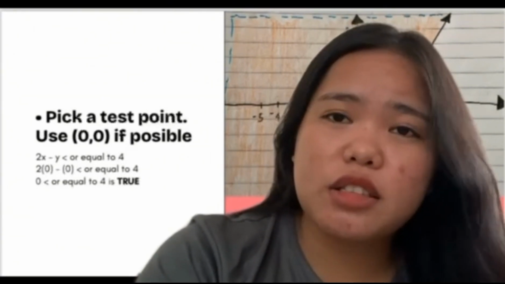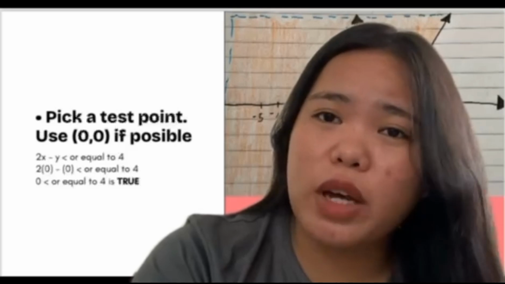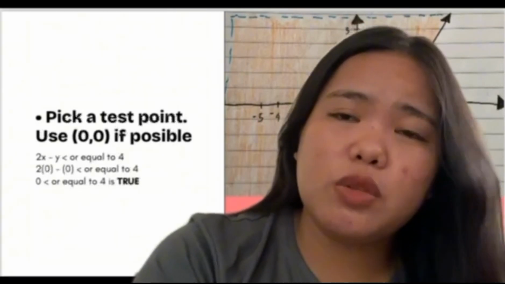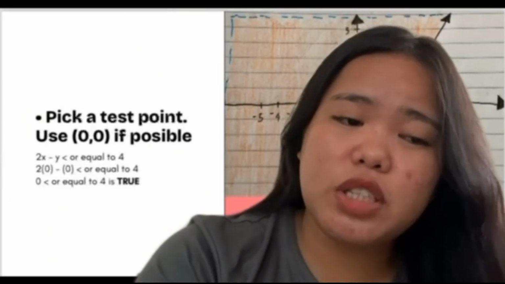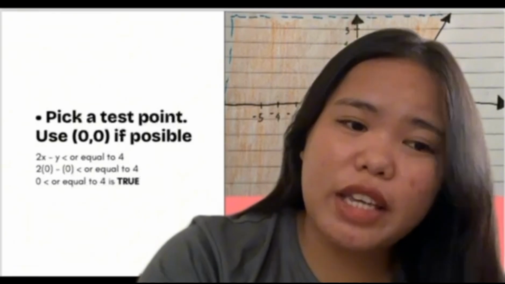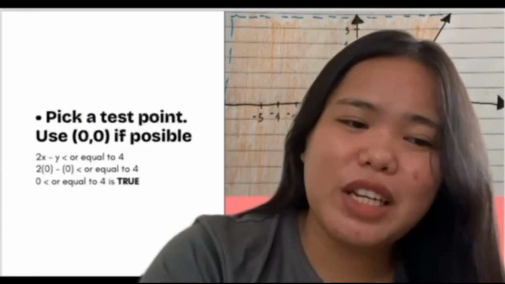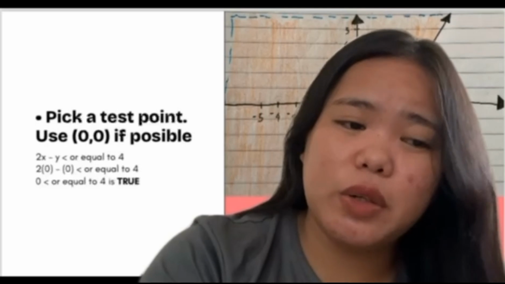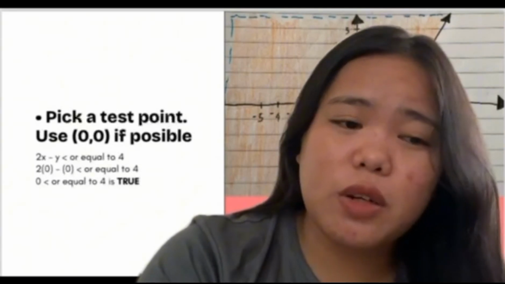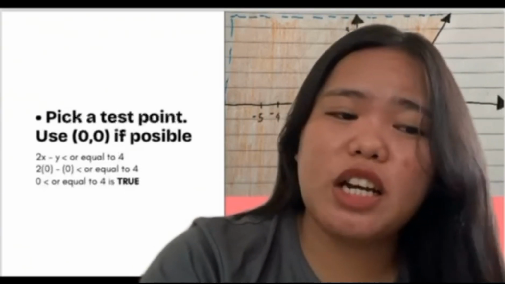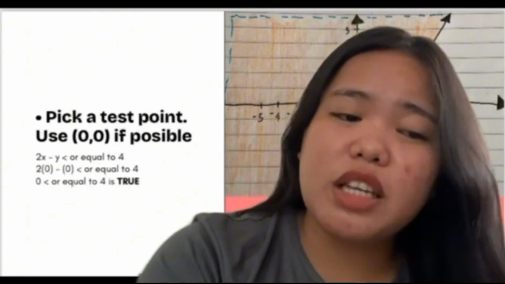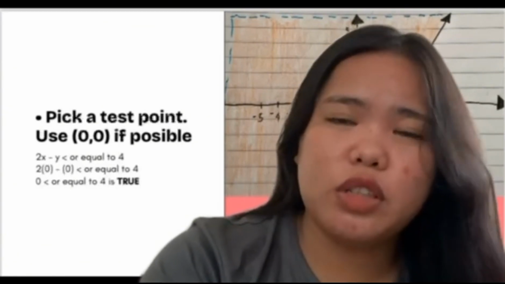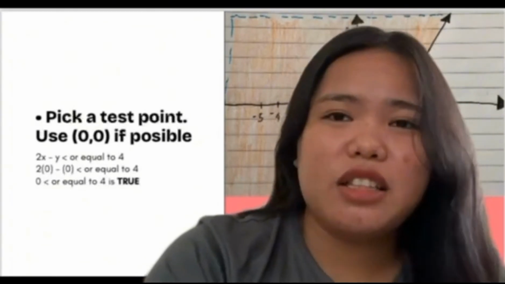We use 0, 0, so x and y are substituted with 0. 2 times 0 minus 0 is 0. So, the inequality is true because 0 is less than or equal to 4.